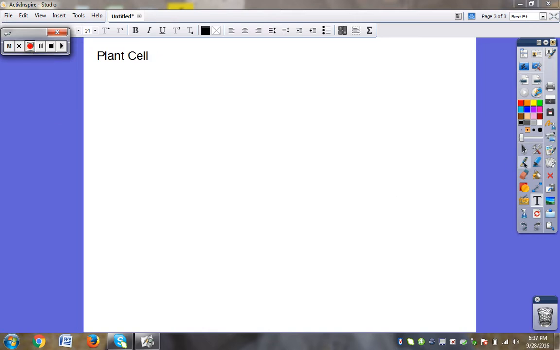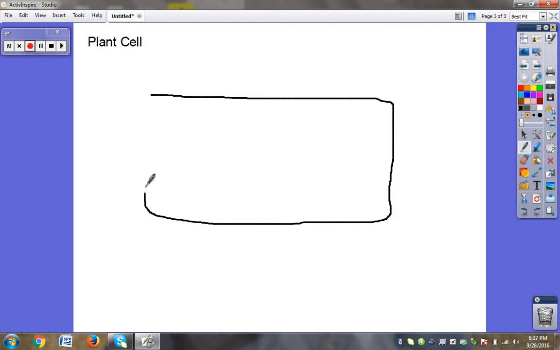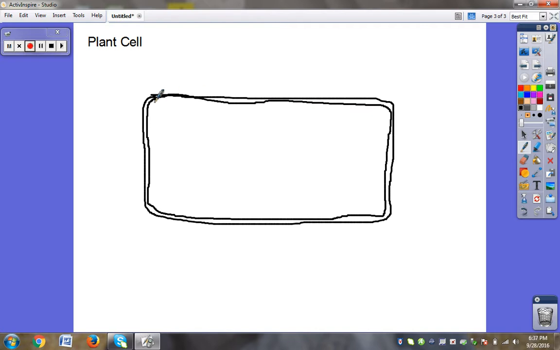Alright, so on our plant cell, instead of drawing something quite so blobby, we're going to draw something that looks more like a box. And then make it almost double thick, like this, because plants are a little different than animal cells. Alright.